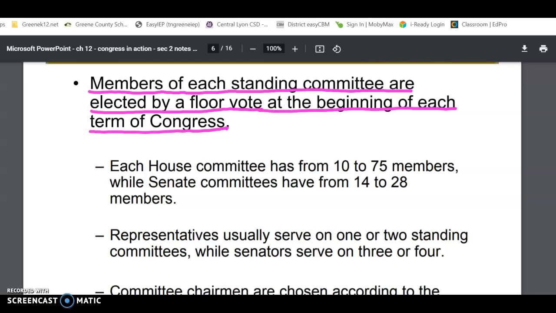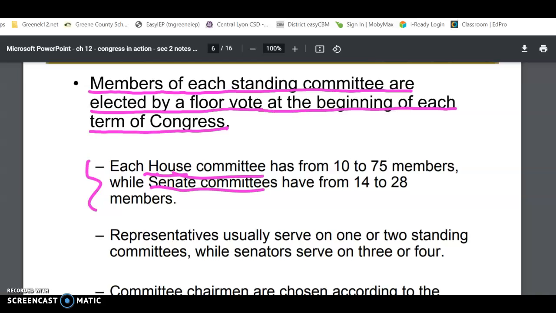So each House of Representatives committee has 10 to 75 members because there are so many members of the House of Representatives. So you can see the difference here in the Senate committees. We're not writing this down, we're just discussing.